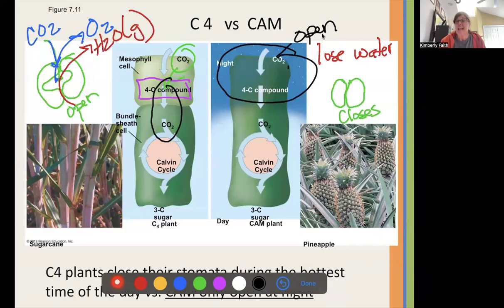And then during the day, when we have plenty of sunlight, the stomata close, but we have stored CO2 to make sugar. Generally, these plants do not grow very fast. If you've ever had a cactus, you know it grows very slowly. All right. So, yes, we have modified our system to prevent water loss, but there are going to be some consequences to it, and generally that is growing slower.